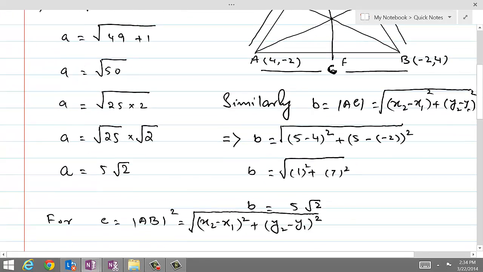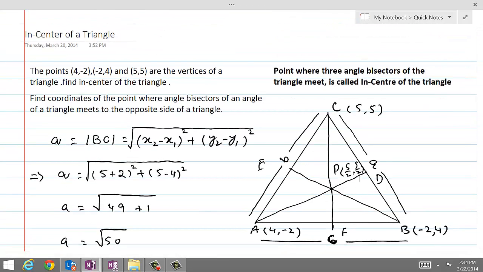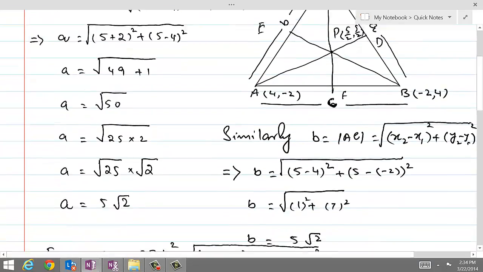And now the next part of the question is that we are going to find the coordinates of the point where the angle bisector of an angle of a triangle meets the opposite side of the triangle.